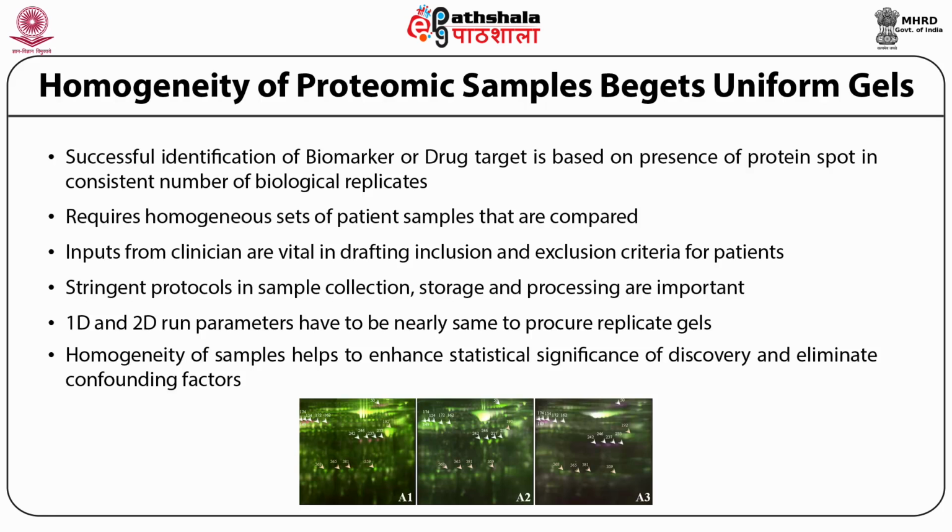As we see in the figure, homogeneous samples have been used to run 3 experimental two-dimensional gels. Because of the homogeneity of the samples, we see a consistent pattern in the expression profile of proteins in all these 3 gels A1, A2 and A3.